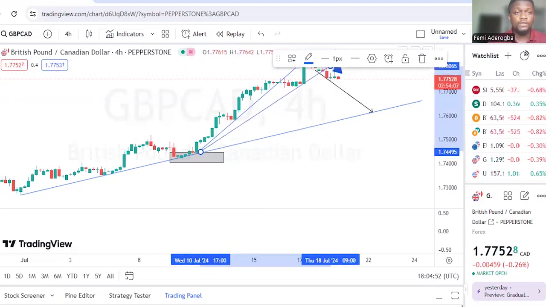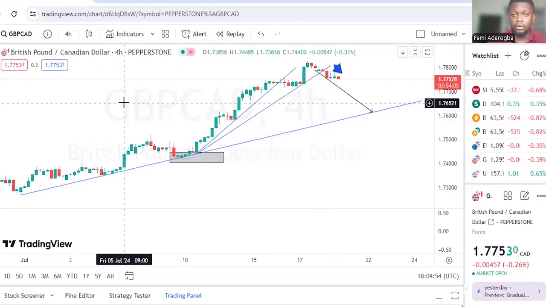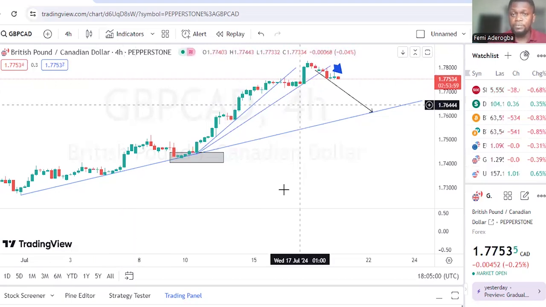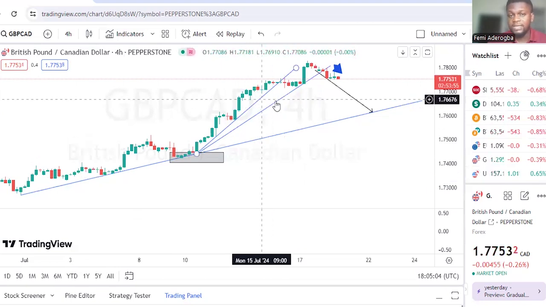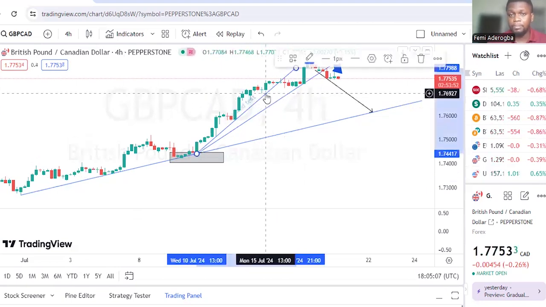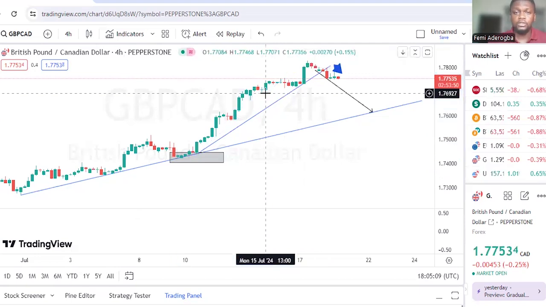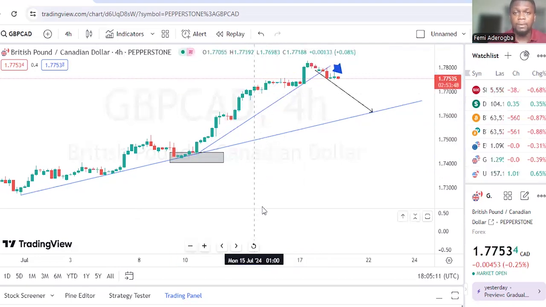So either of the two methods works. It all depends on the current information of the market. But in my own case, since I'm just opening the chart and I need to understand the market, I will prefer this latter one over the previous. So I want to delete this so that I can get a clue about the market.